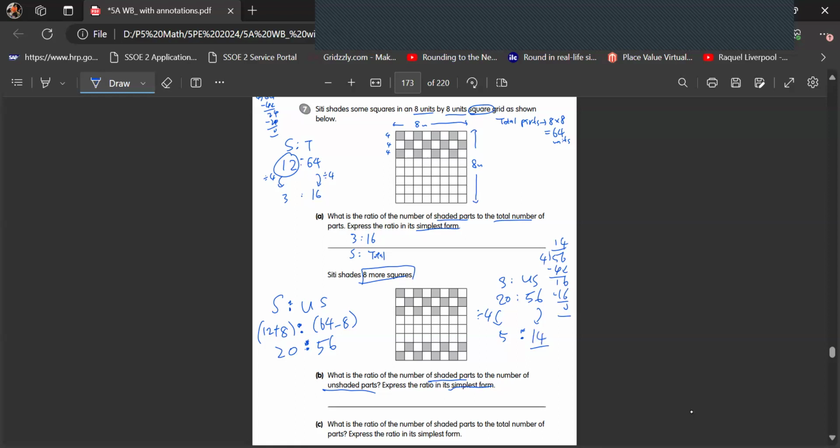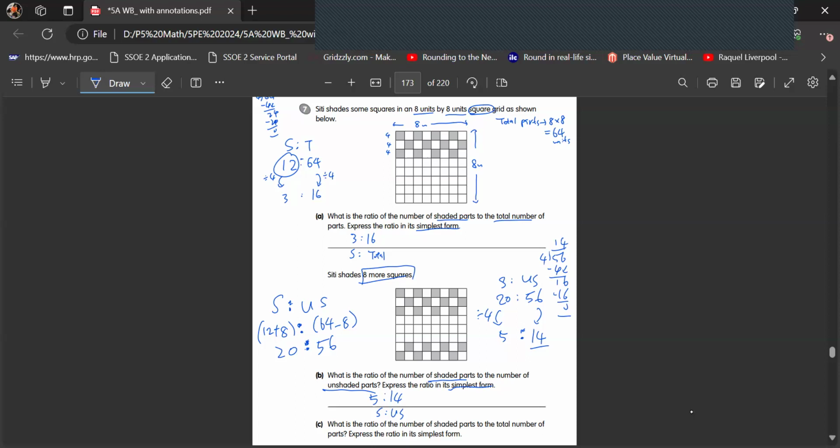So 5 is to 14. Okay? I'm using the space around to do workings. You must understand that by now you definitely need to do some form of working. You can't be just writing answers in the blank.